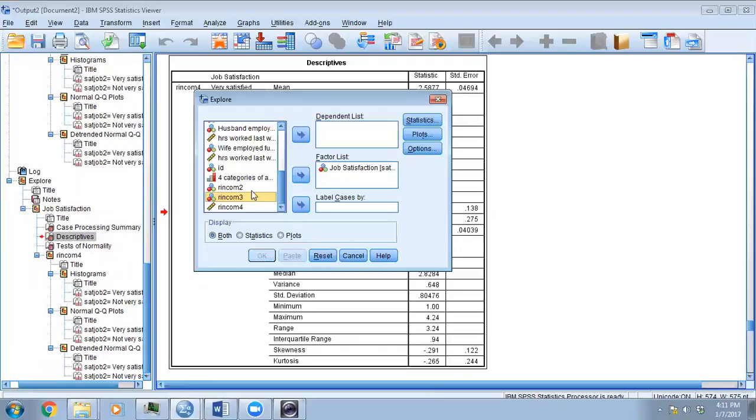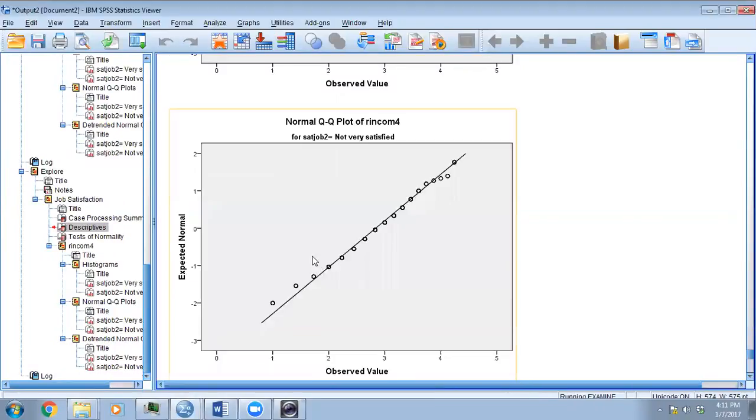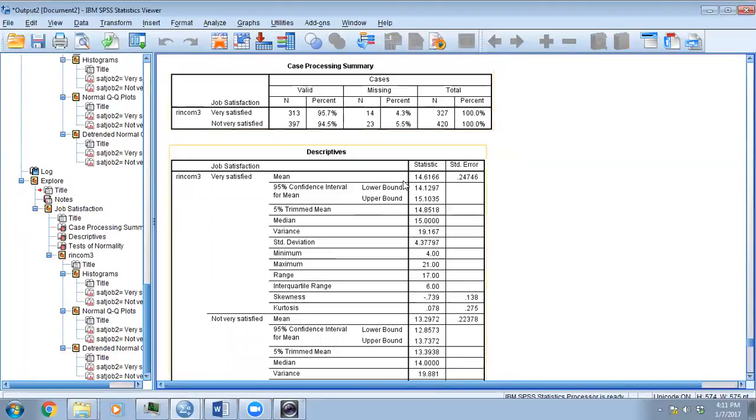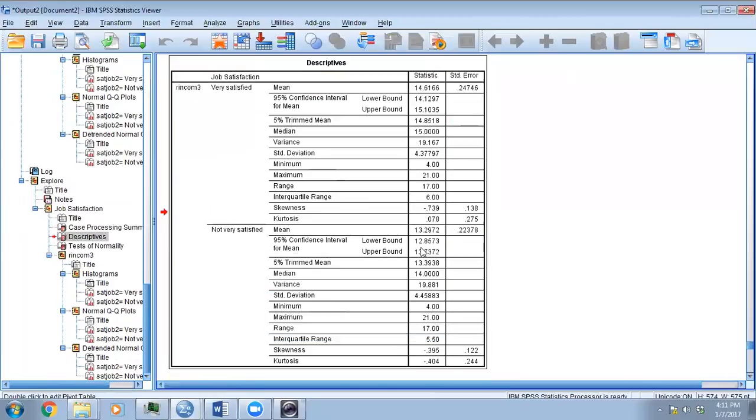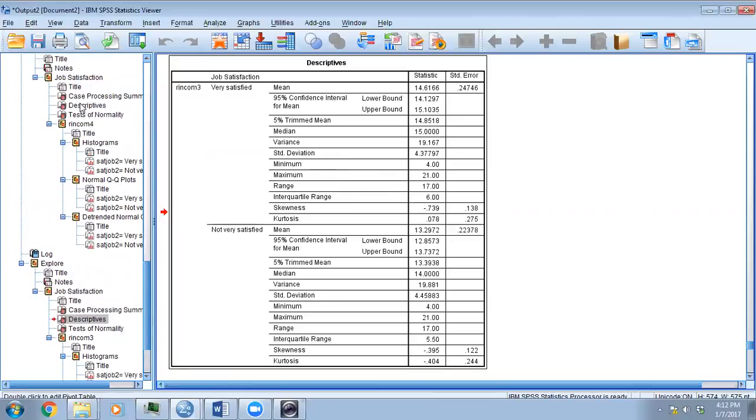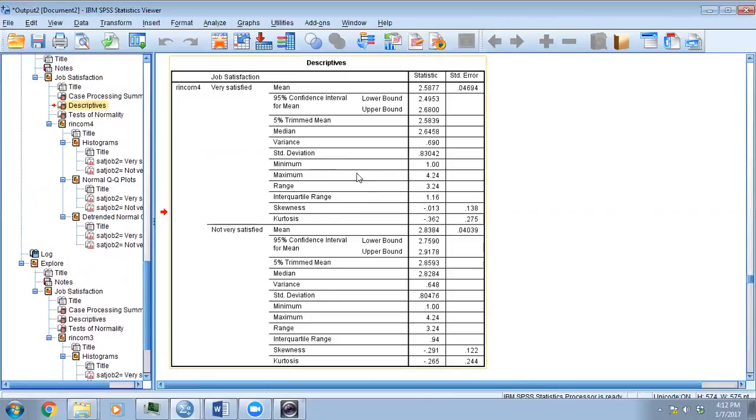Remove this one, R income 3, say OK here. So these values you see, 0.739 and 0.078. So they have gone down considerably. They are very much near 0 in R income 4.